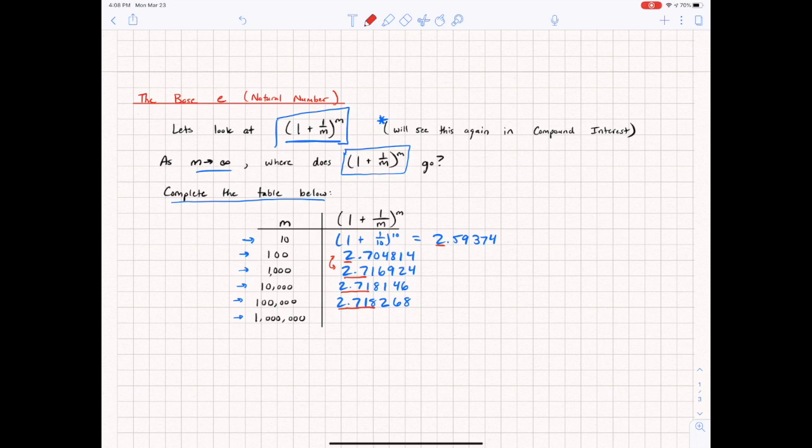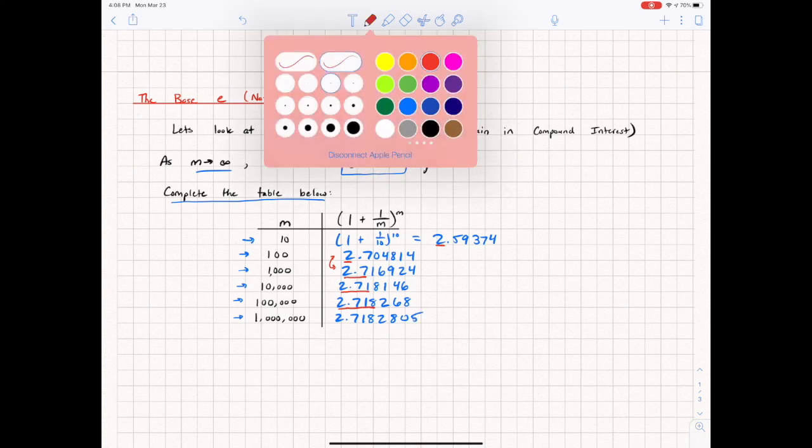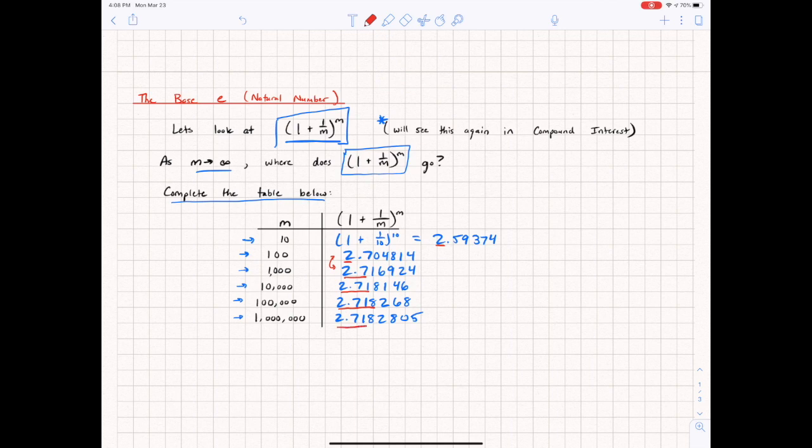And then finally, let's plug in 1 million. And I get 2.718182804 or 05 if you want another decimal place. So notice now that the numbers they have in common are 2.7182. And if we went again, we'd probably find that the 8 would be fixed, etc.